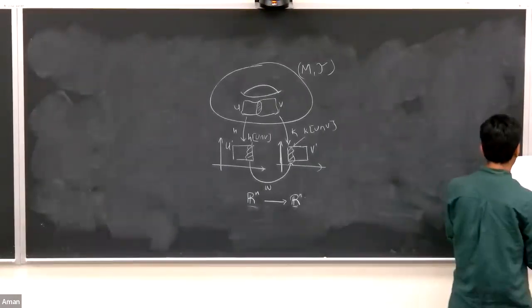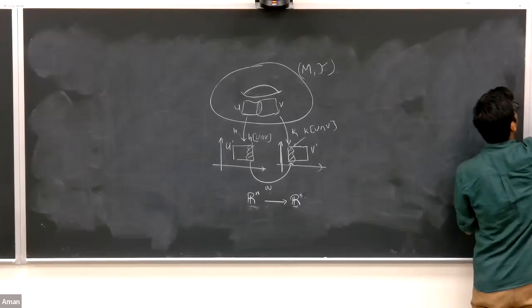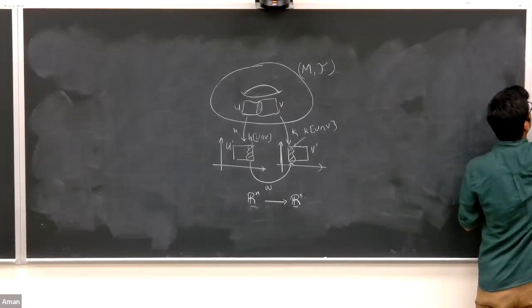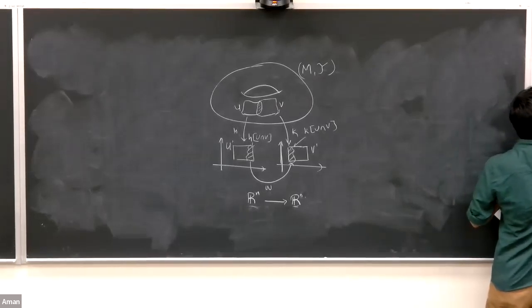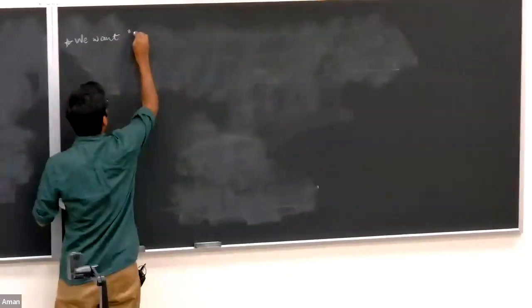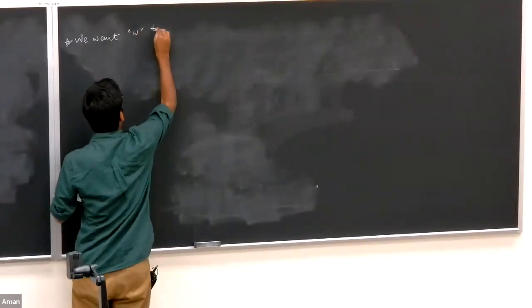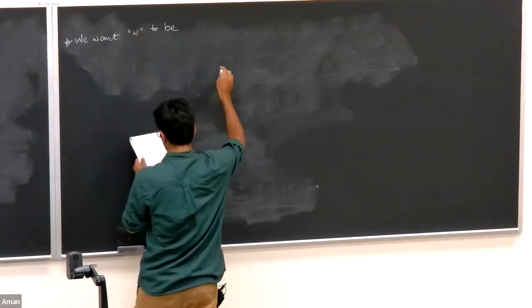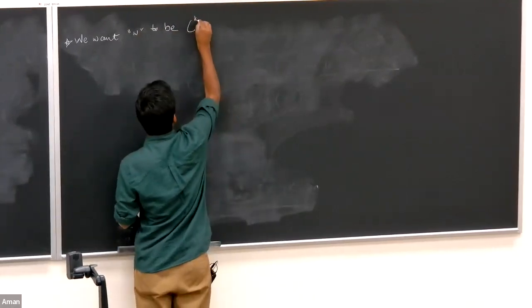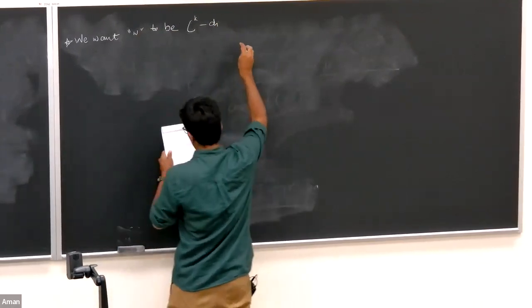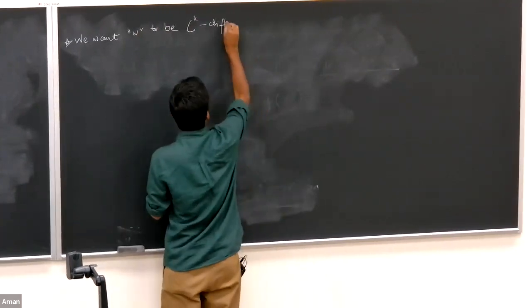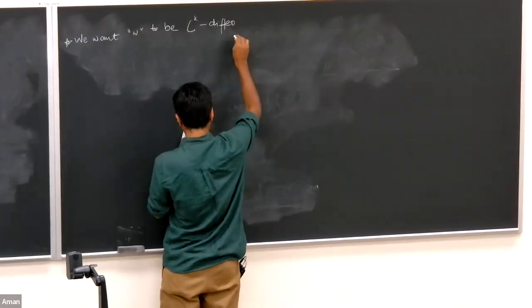Okay, so what we want is for this transition map omega to be a C^k diffeomorphism. New terminology, we'll look at what this means after this.